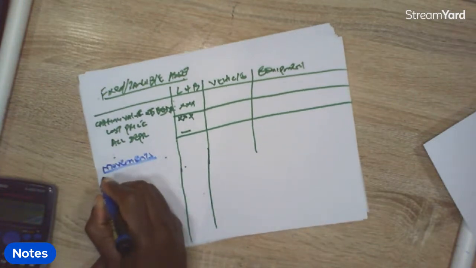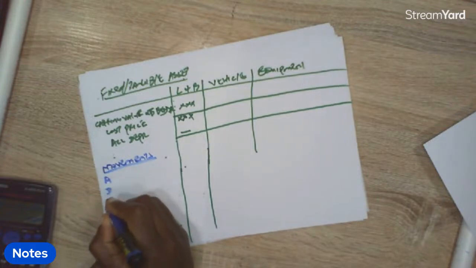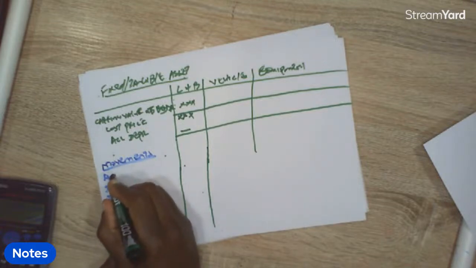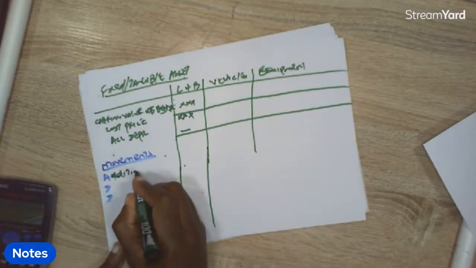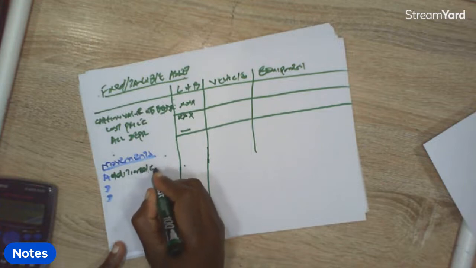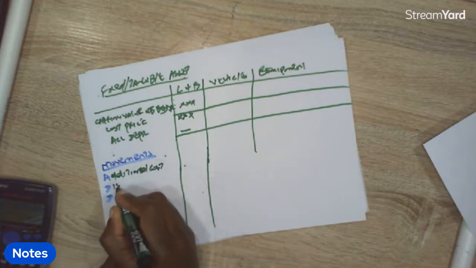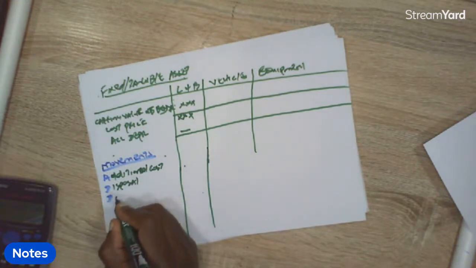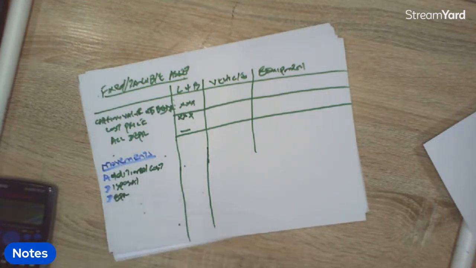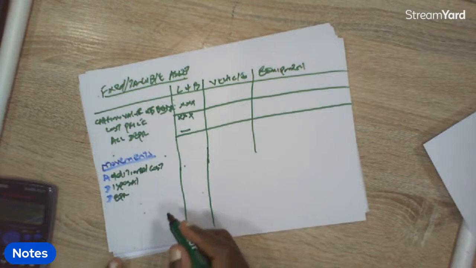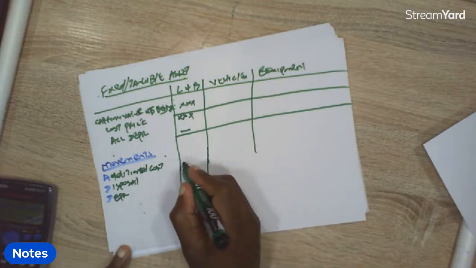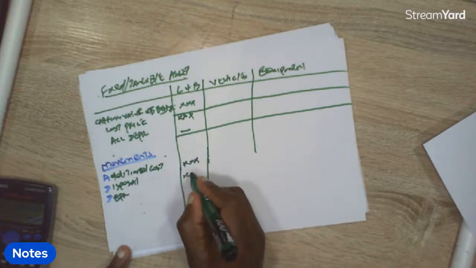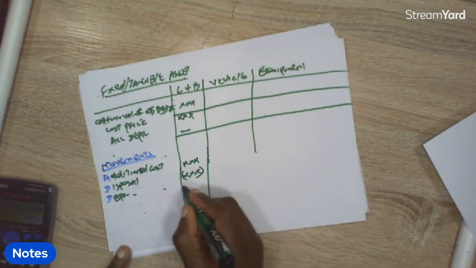Then we have movements. We have this thing that I call ADD. ADD, this is addition, additional cost. This is disposal. Disposal is always in the middle, it's like a sandwich. And then this is depreciation. This is our depreciation. So maybe we bought land and building here. If that figure is there, we're going to add these two figures, disposal as well as depreciation.